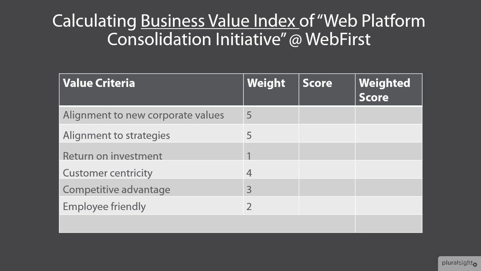The unweighted score indicates how aligned and favorable the proposed initiative is when viewed through the lens of each criterion. Let's assume that this score is once again scored on a scale of 1 to 5, with 5 being the best outcome and 1 being the worst. So based on these scores, this particular initiative receives a weighted score of 80 out of a maximum of 100.